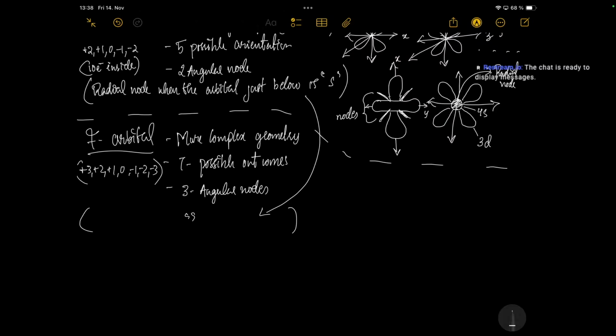How do I show the f orbital with the radial node?